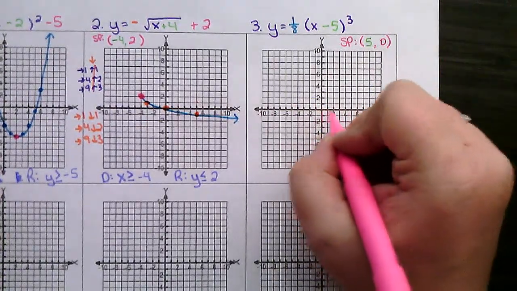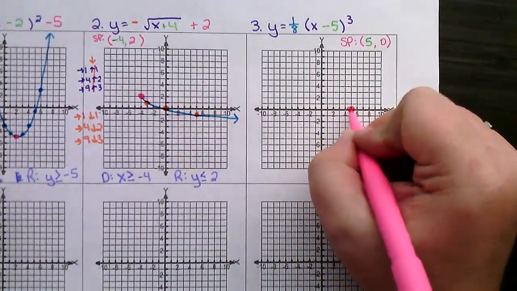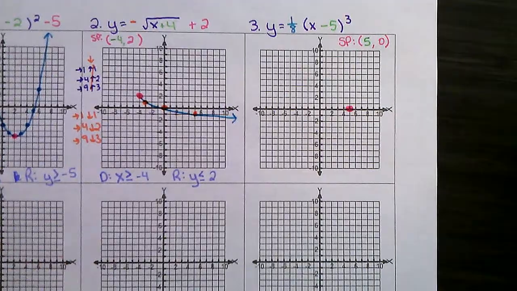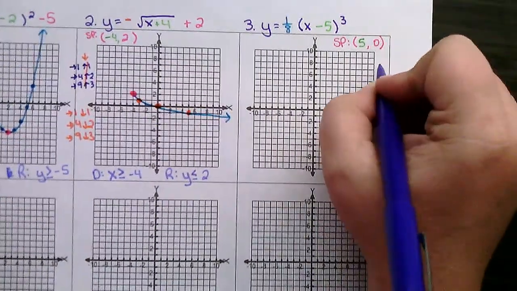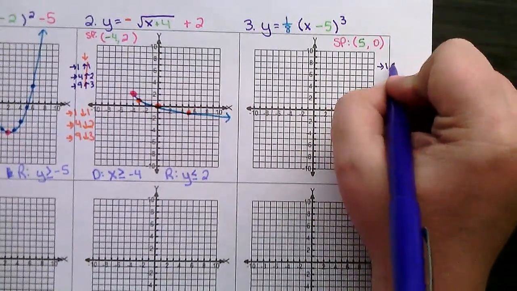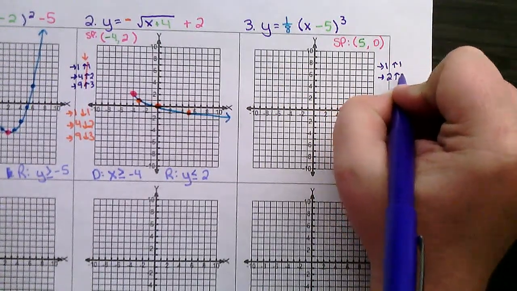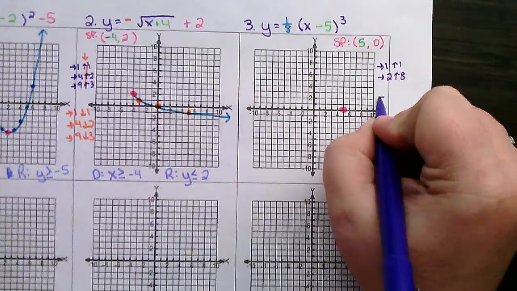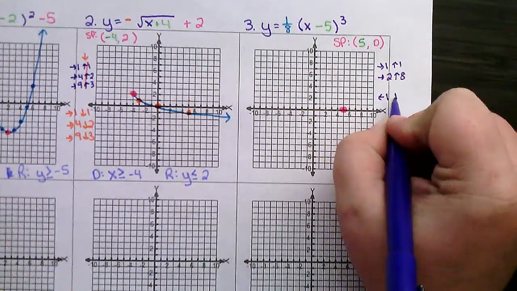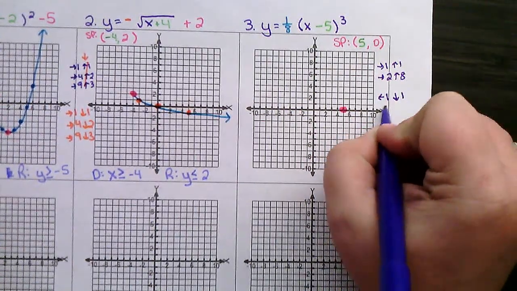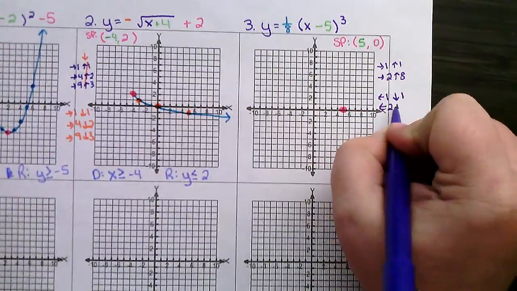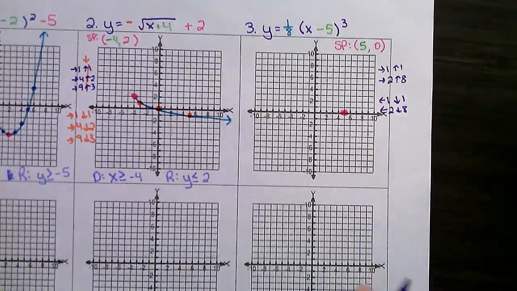So we are going to go to the right 5, up and down 0. There's my start point. The normal pattern for growing for this guy is over 1, up 1, over 2, up 2 cubed, which is 8. And same thing on the left. Left 1, oh, not the same thing. Down 1, left 2, down 8. So it's reversed on the left.